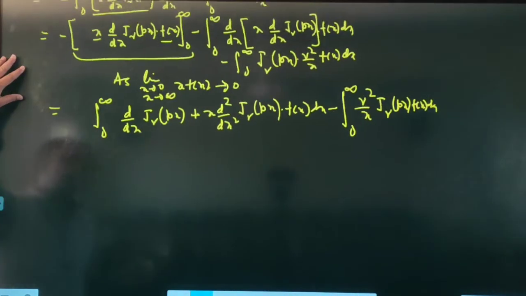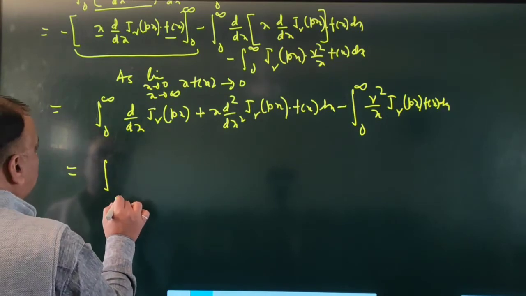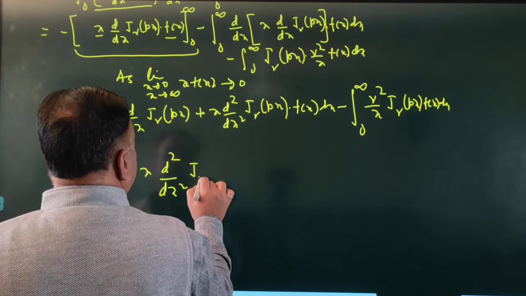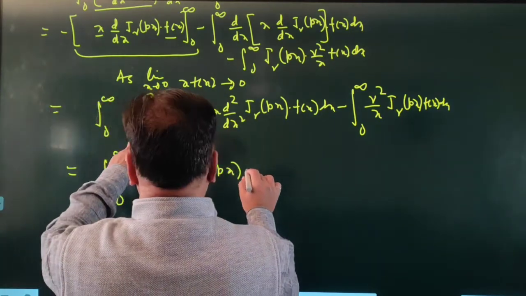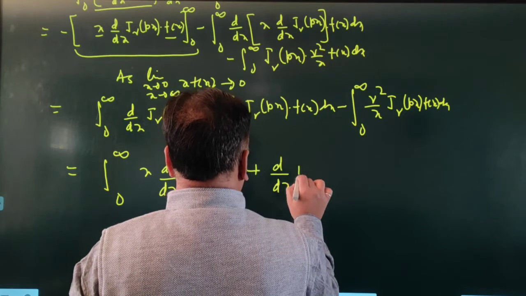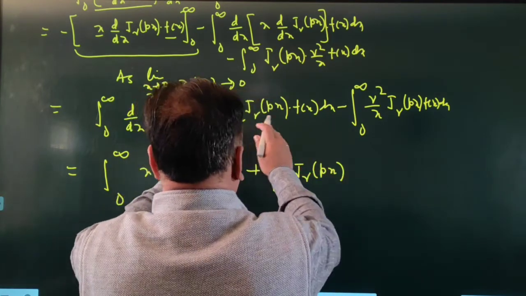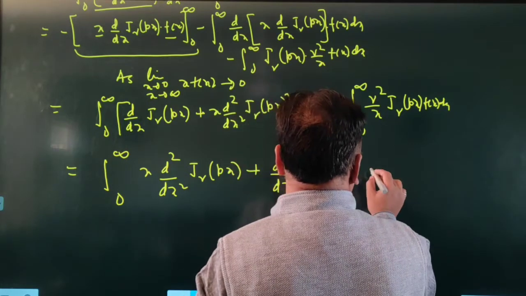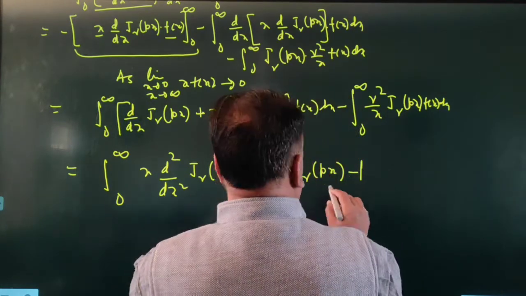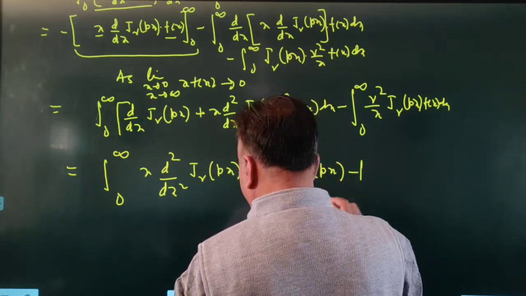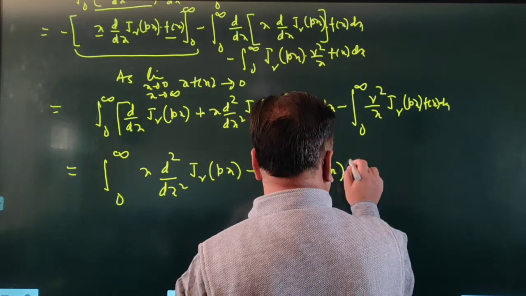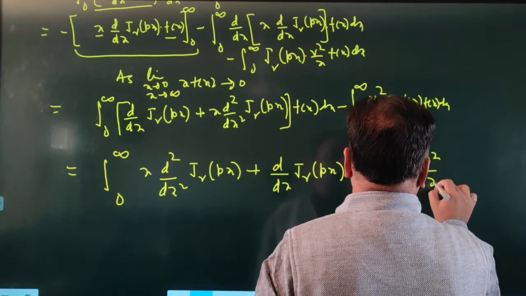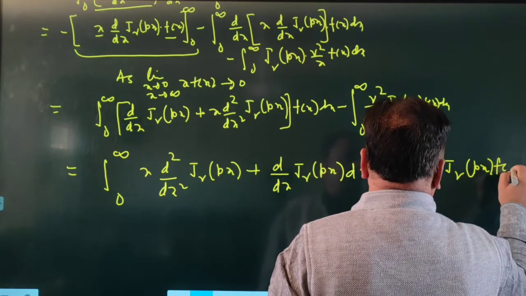This can be written as the integral from 0 to infinity of x d2 by dx square of J nu(px) first term, plus d by dx of J nu(px), all multiplied by f(x), minus nu square upon x J nu(px) f(x) dx.